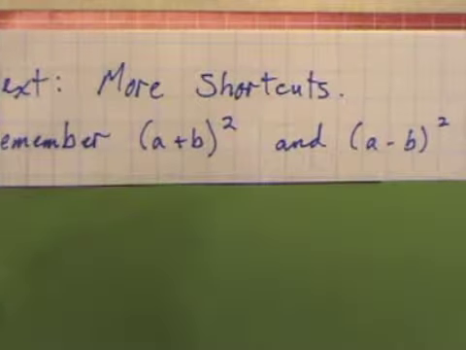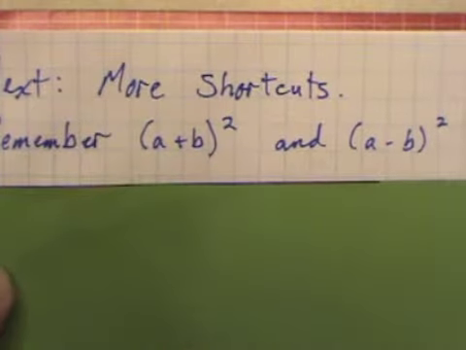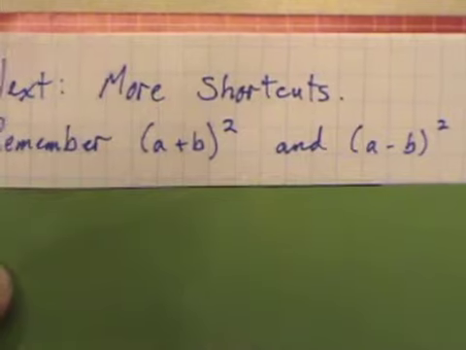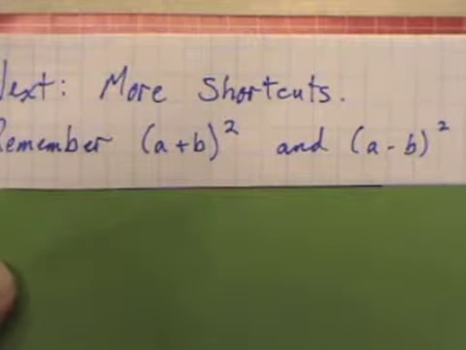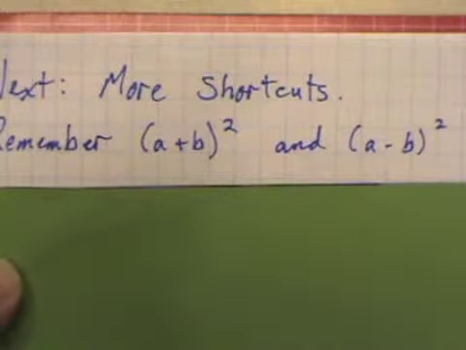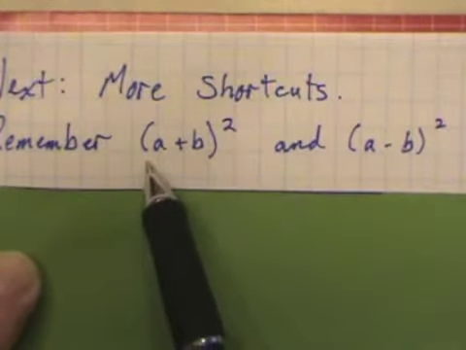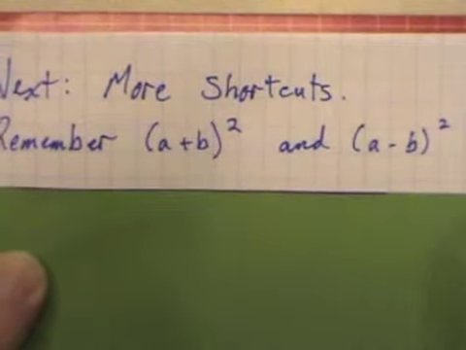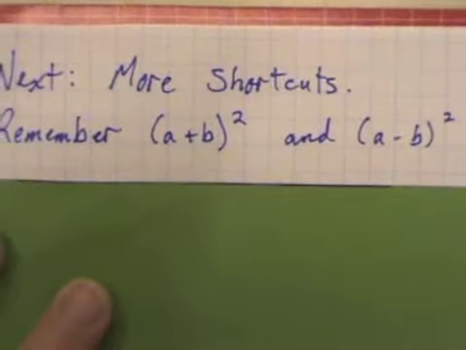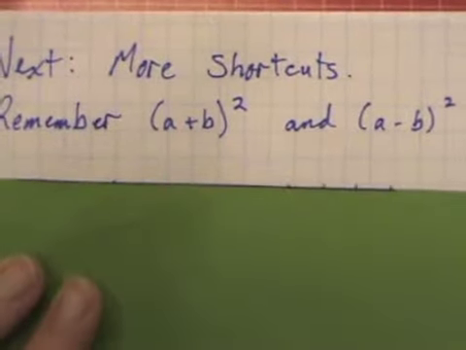Now we're truly on to 8-7, and really this is kind of a shortcut lesson, which means you don't have to do it this way. It will save you some time if you do. Remember the work we did not too long ago with a plus b quantity squared and a minus b quantity squared? Well, now remember we're going backwards, we're factoring.